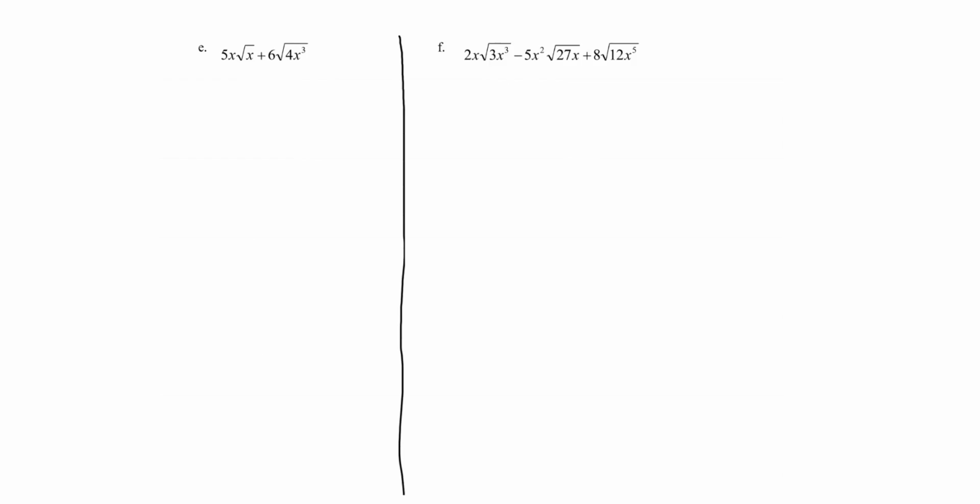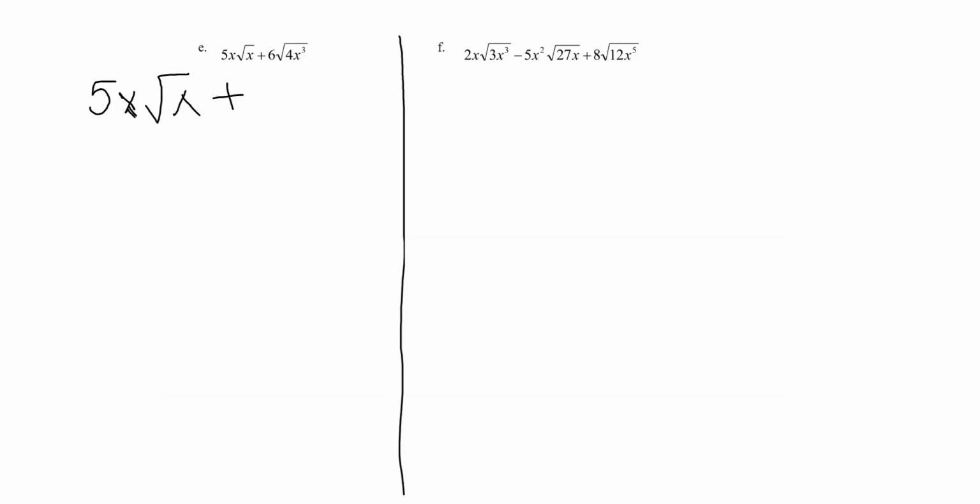Okay, here are our last 2 addition and subtraction examples, and then we'll look at multiplying radicals. For E, 5x times the square root of x is simplified. There's simply nothing that I can simplify or do to that radical, so I'm going to leave it as is. But if you look at the second one, it's 6 times the square root of 4x cubed. I can simplify that.